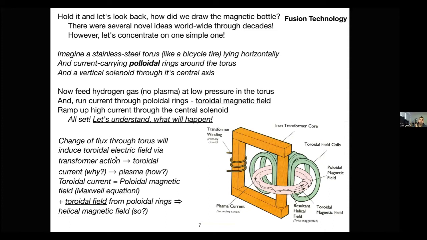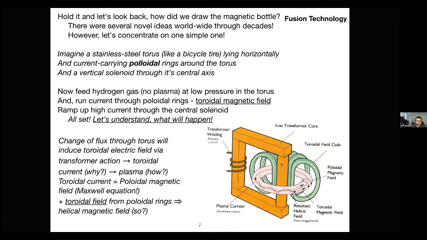The EMF will drive the stray electrons or ions in this neutral hydrogen or deuterium gas, whatever. The electrons will then gain more energy, hit the neutrals, and further ionize, making more ions. The ions again will gain energy from this EMF, from this transformer core or whatever.